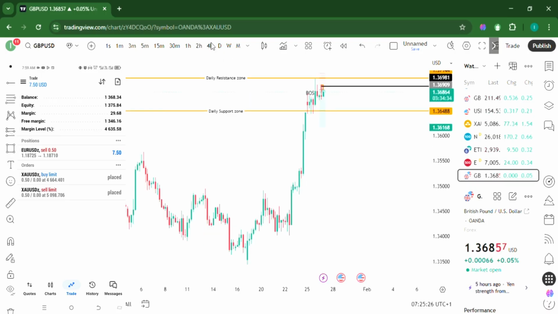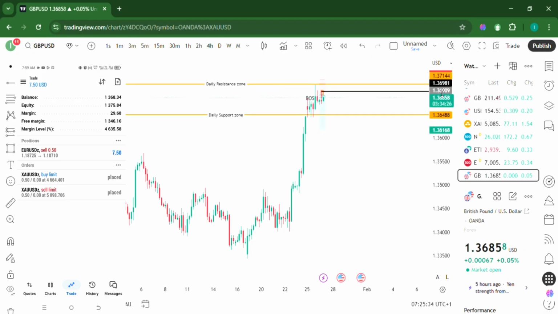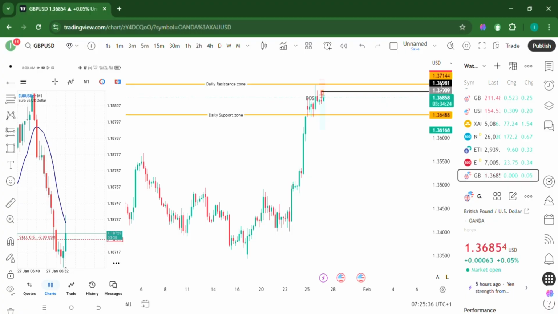We can see price ranging around 1.37144 as our resistance zone. Then the support zone, we can see price at 1.36488.